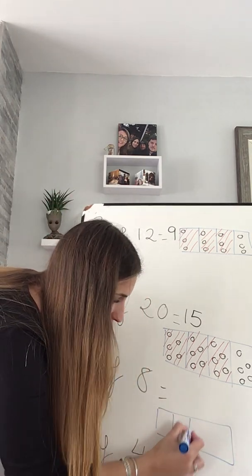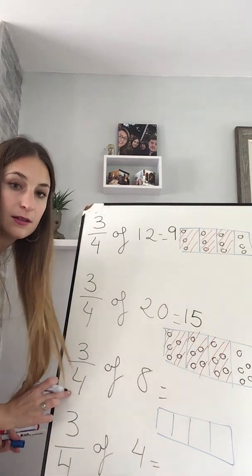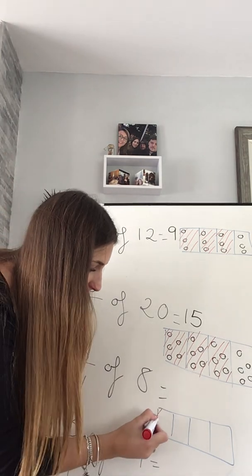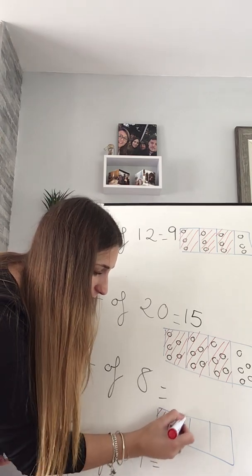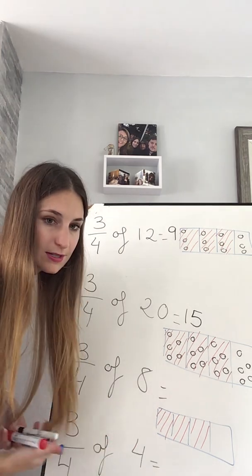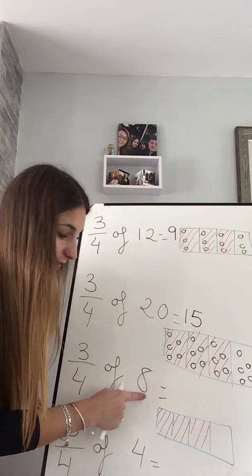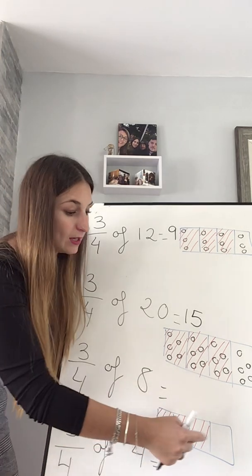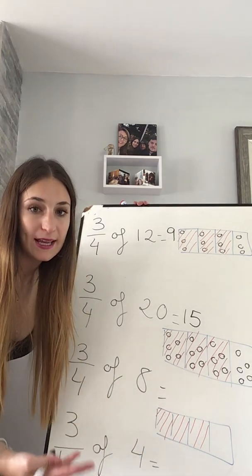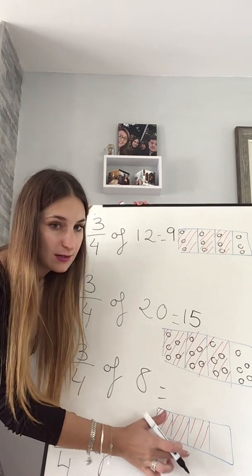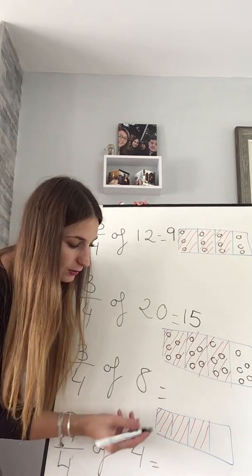The same. We have 4 equal parts and you're going to take 3 of them. So you can shade it now, or later. 3/4. And you have 8. You're going to share it equally, one to each equal part until you haven't got any more left. But you need to remember that there is the same amount on each part, okay?